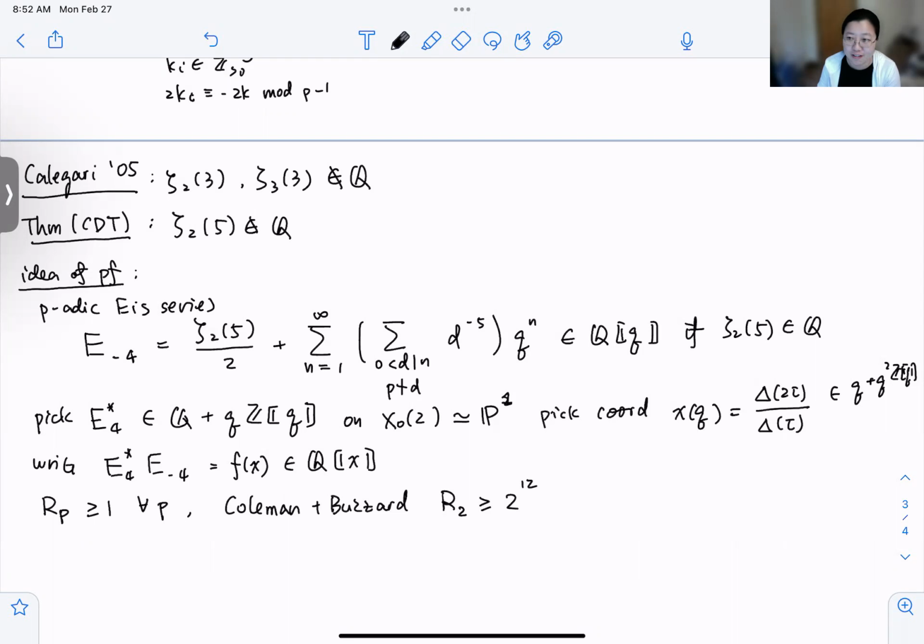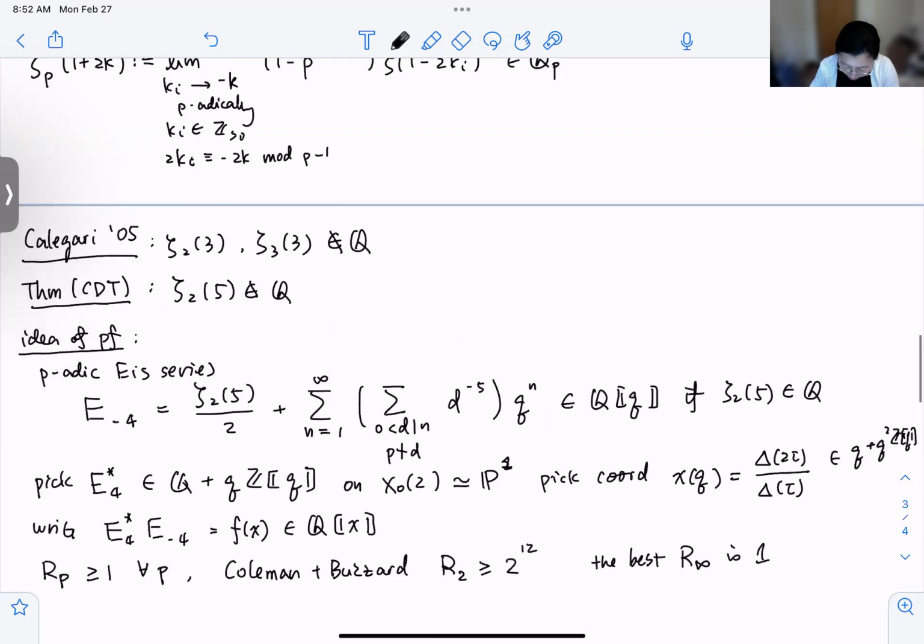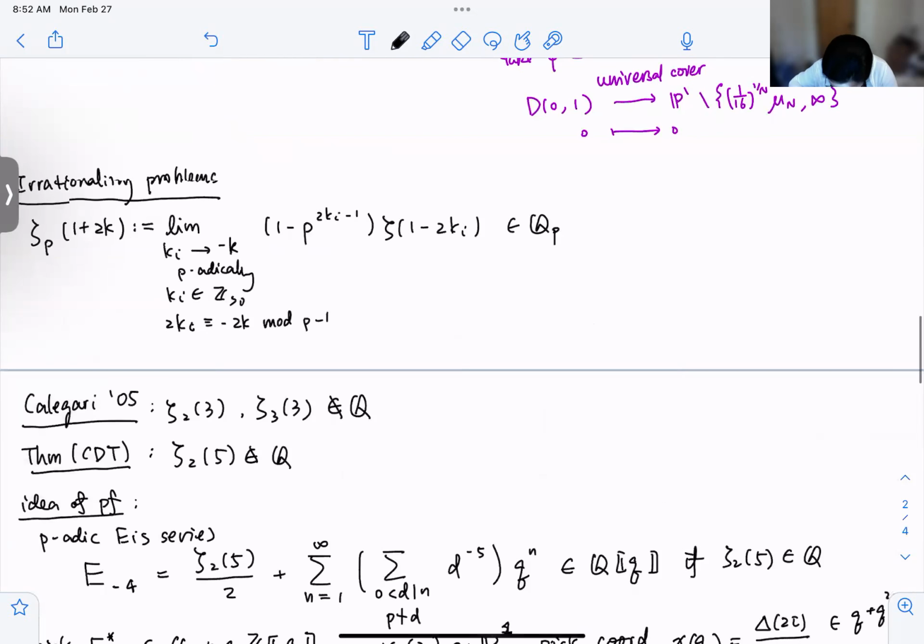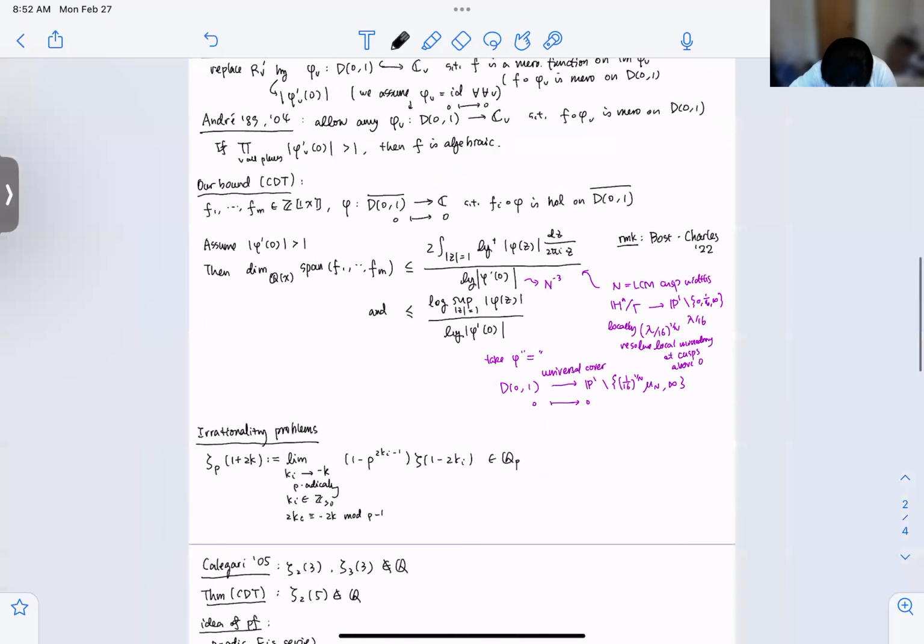And then, okay, that's the moment that we really want to use the previous bounds and criteria. So for the Archimedean part, the best R infinity that we can take is 1, just using the q-expansion. But one thing that I'm glossing over here, which is going to be important, is that we don't only have finitely many primes. Let me get back to the notes a little bit more.